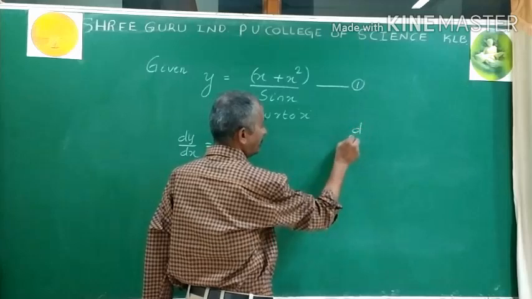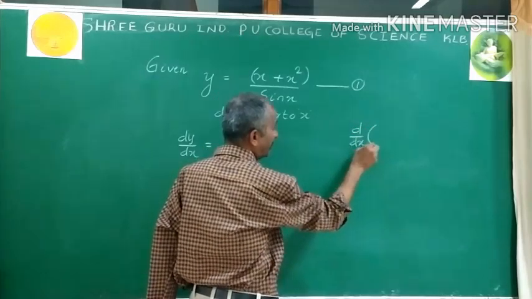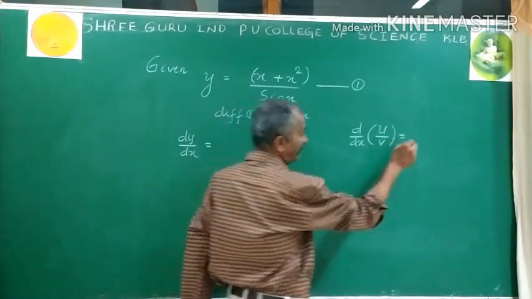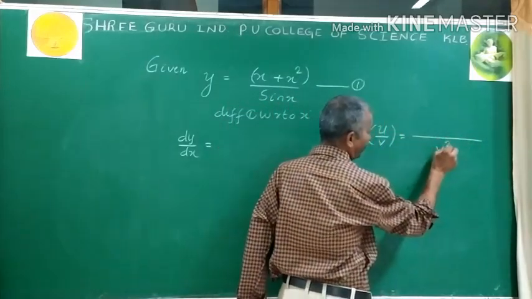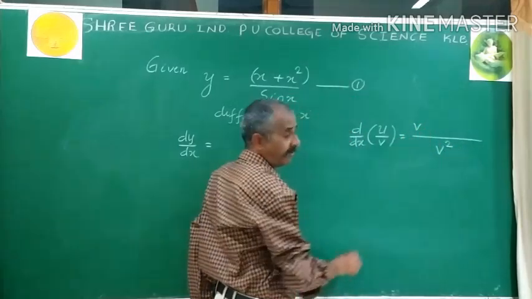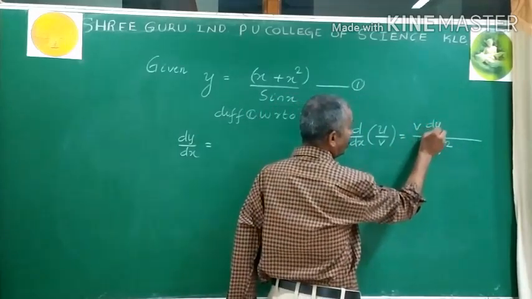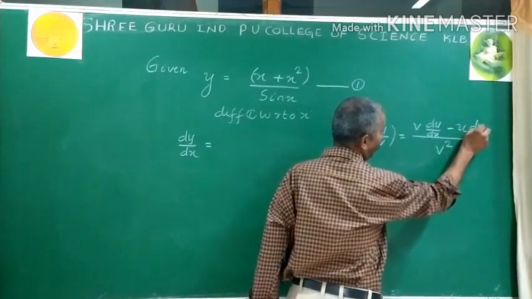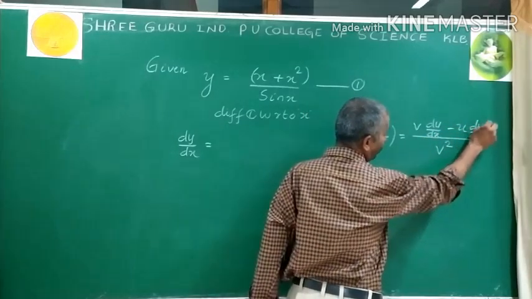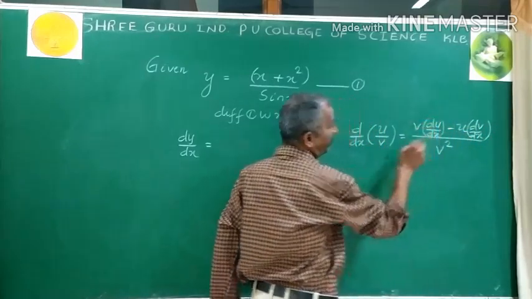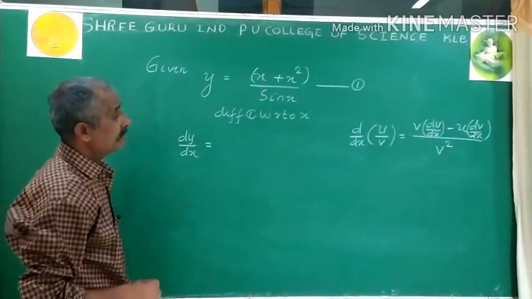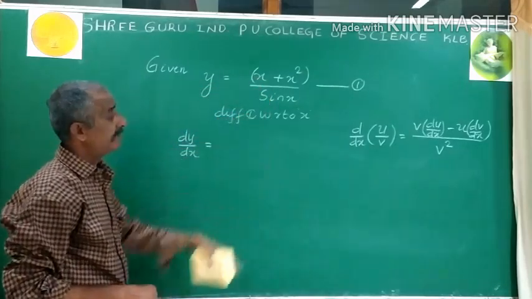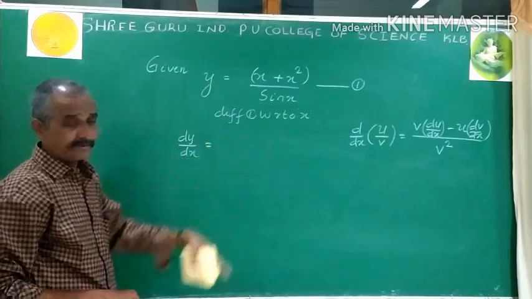The quotient rule says that d by dx of u divided by v is equal to, first write v square, then v followed by derivative of u minus u followed by derivative of v. This is what we noted as the quotient rule of differentiation. We need to apply it because our problem is in the form of u divided by v. Let's apply that quotient rule.